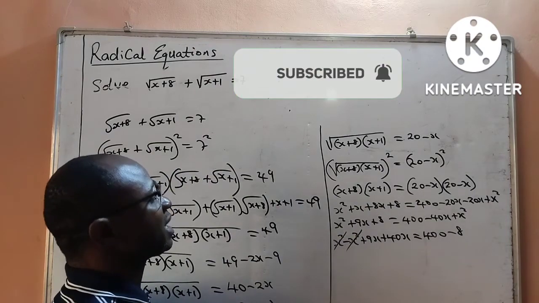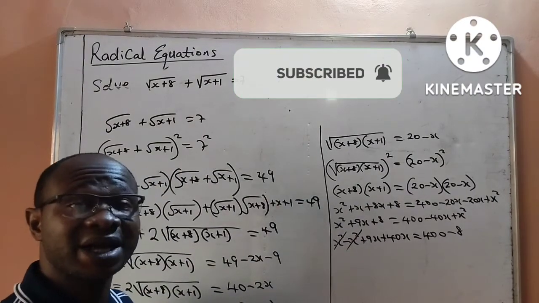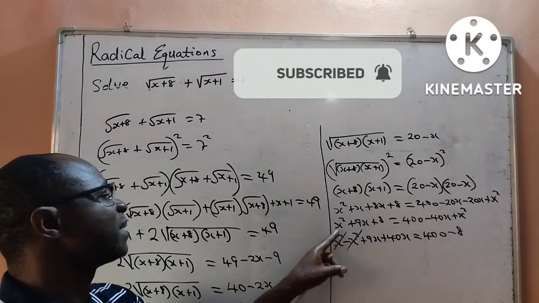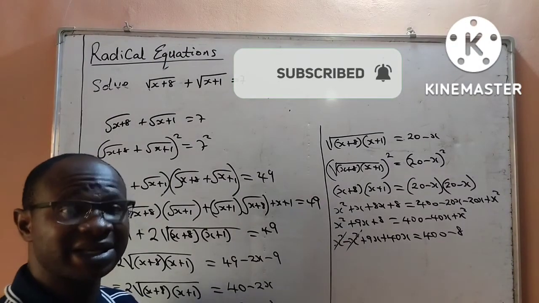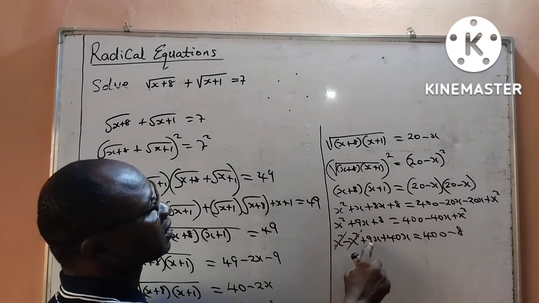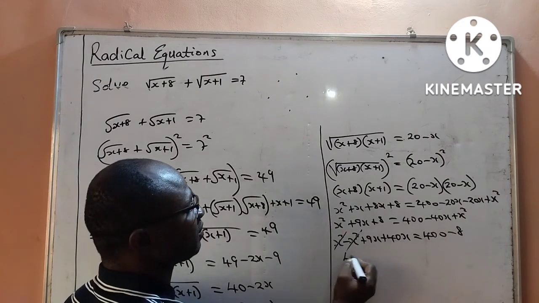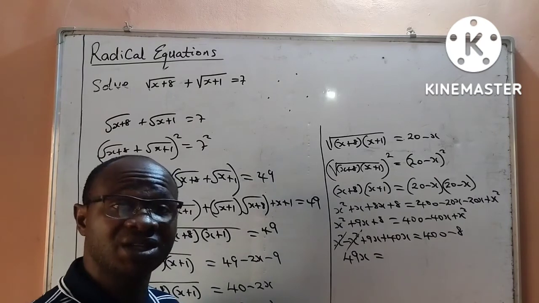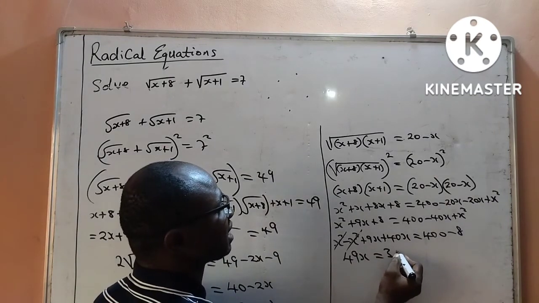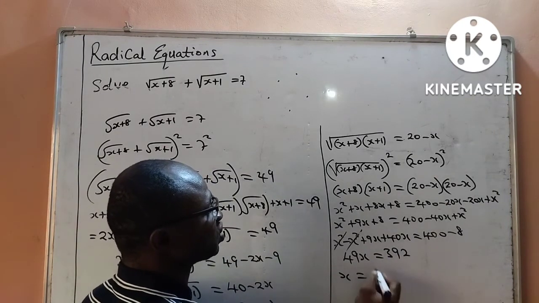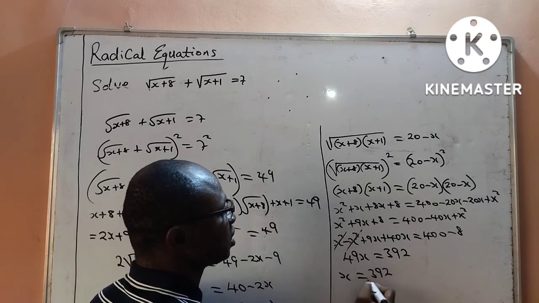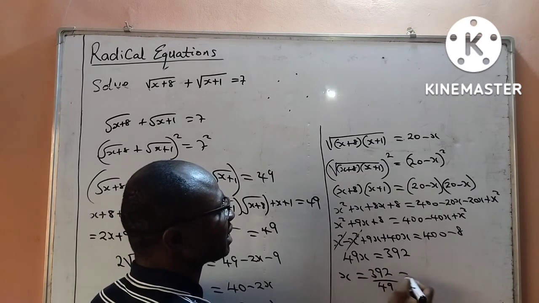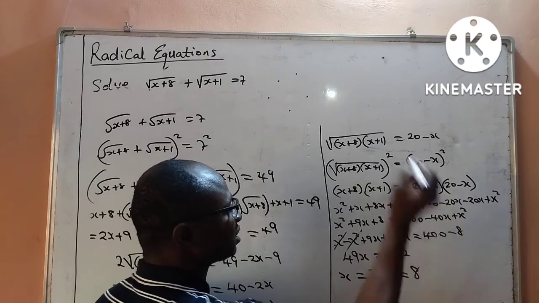So x raised to power 2 cancels out with x raised to power 2. That is x power 2 minus x power 2 cancels out to become 0. Now 9x plus 40x will give me 49x, equal to 400 minus 8, which is going to give me 392. Finally, x is equal to 392 divided by 49, and that is equal to 8.